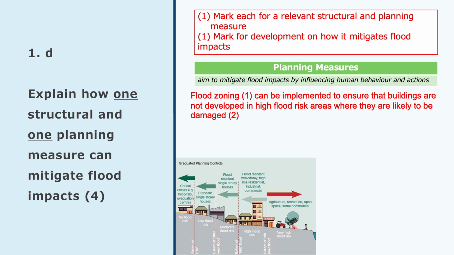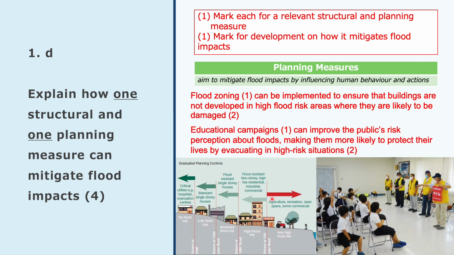But as you get further away from the river where the flood risk is decreasing, we're allowing other types of construction. For example, flood-resistant buildings are allowed close to this area. It's still high flood risk, but it's not as high flood risk as these places. So building laws and regulations can dictate what we're allowed to build and where, and that will reduce the flood impacts when a flood does actually come.